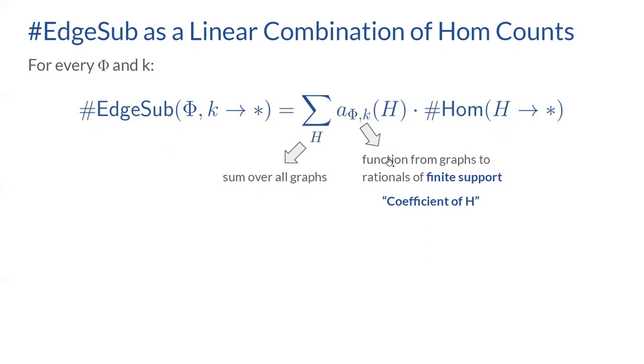And we can also show that the function a_{phi,k} has finite support. That is, it is non-zero only for finitely many graphs, and therefore this is indeed a finite linear combination.